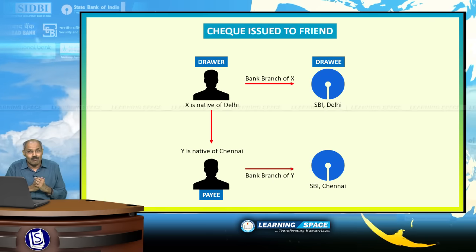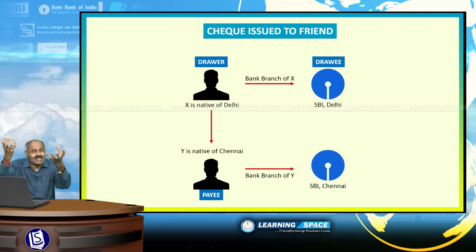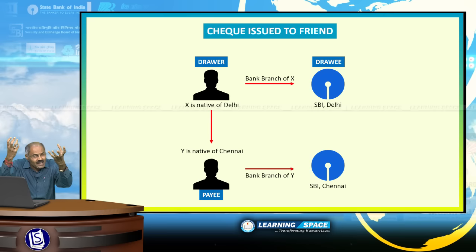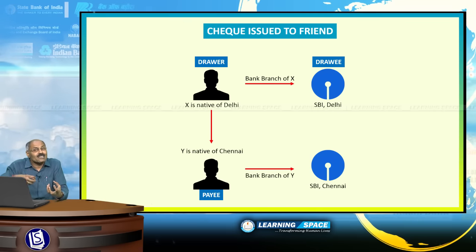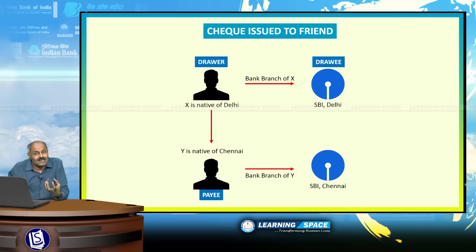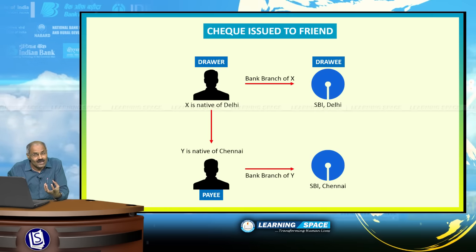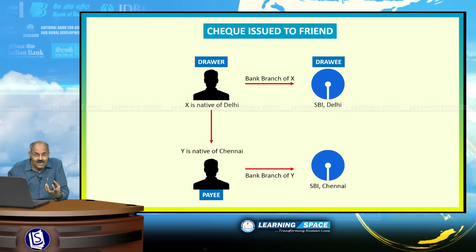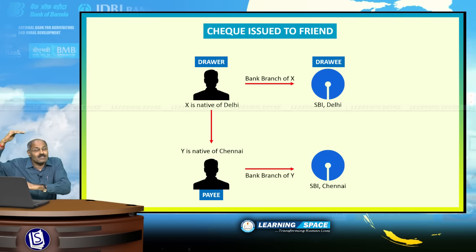Let us look at this example. The drawer is in Delhi and his bank is in Delhi, and he issued a check to his friend in Chennai. His friend will present the check in Chennai, and the branch in Chennai will verify the check electronically or digitally with Delhi.